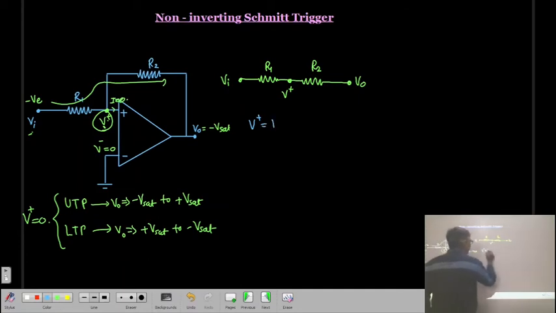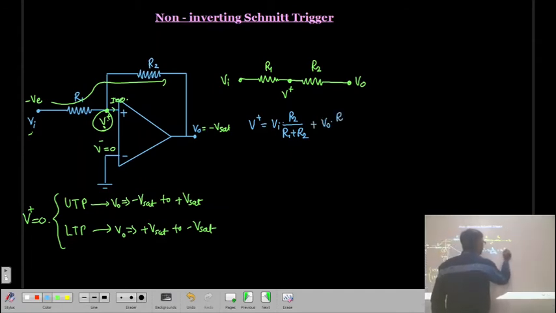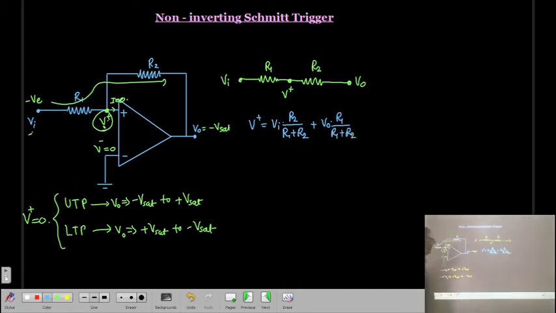So that will be Vi into R2 divided by R1 plus R2. And then consider Vi connected to ground and you will get VO into R1 divided by R1 plus R2. Now remember, in both cases, while finding LTP and UTP, your V plus is always going to be 0.